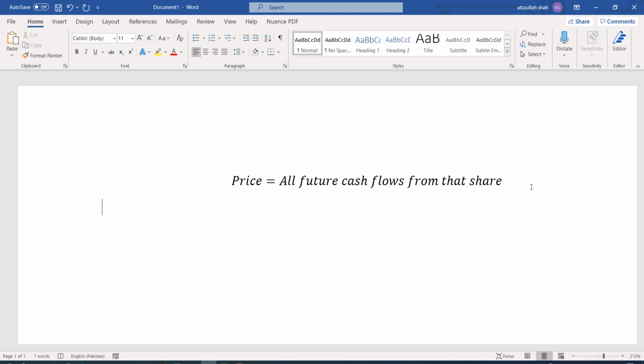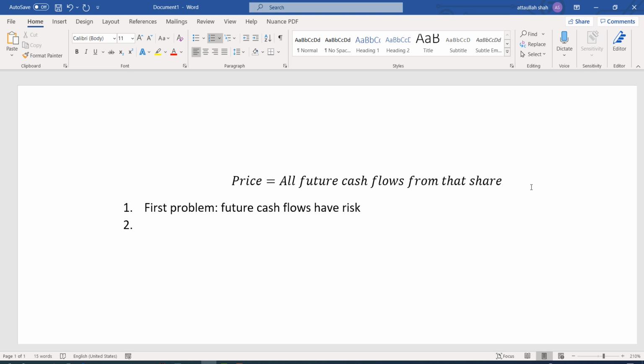The first problem is future cash flows have an element of uncertainty. In other words, they have an element of risk. And the second problem is that we have inflation.